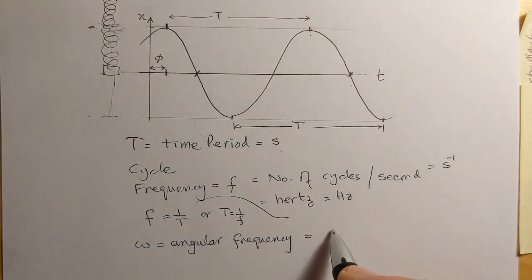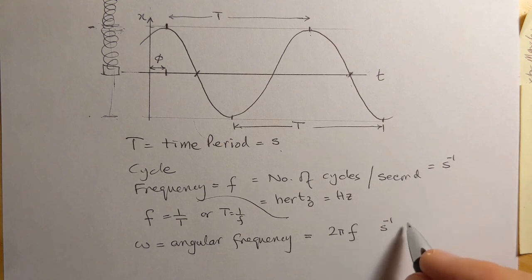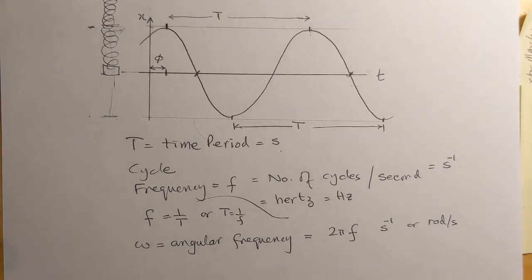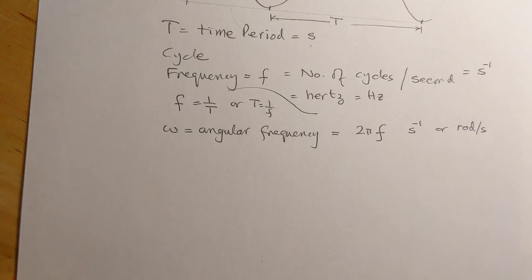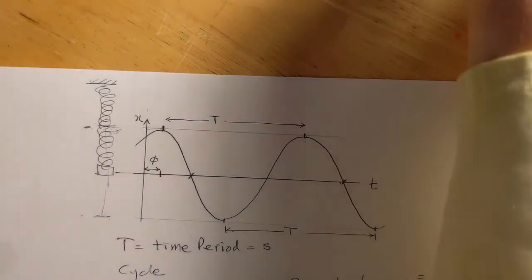So the angular frequency is 2 pi times the number of cycles per second, and the units would be again second inverse, or you can say radians per second, but radian may or may not be written. So it's radians per second, or simply per second. Now let's have a look at this equation again.